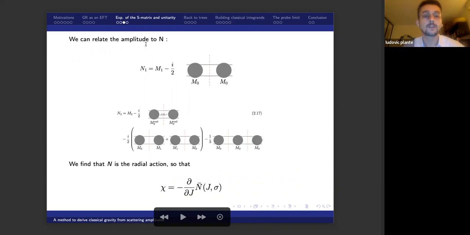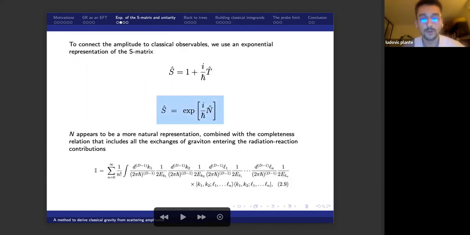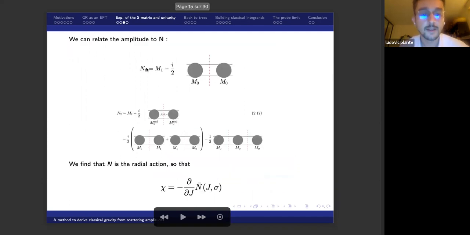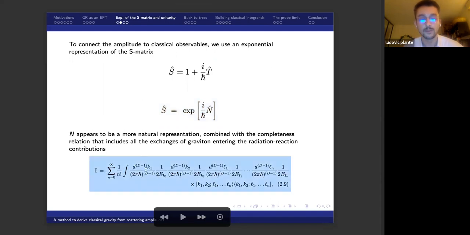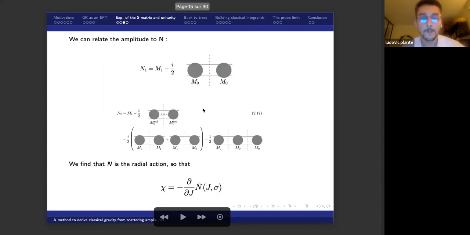At one loop, you can exponentiate your formula here and get that N1 is equal to M1 minus a contribution, which is a product of M0 and M0 squared. And here you have a unitarity cut that corresponds to the complete set of states that I have here.